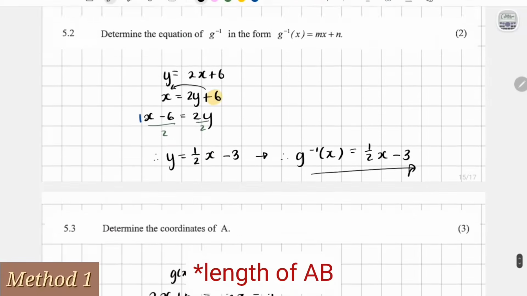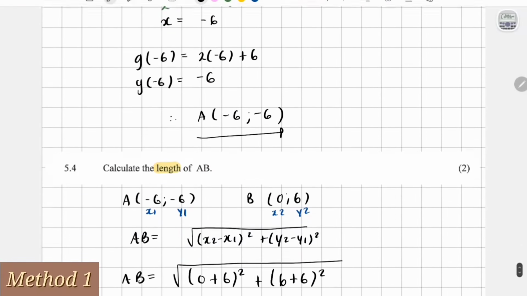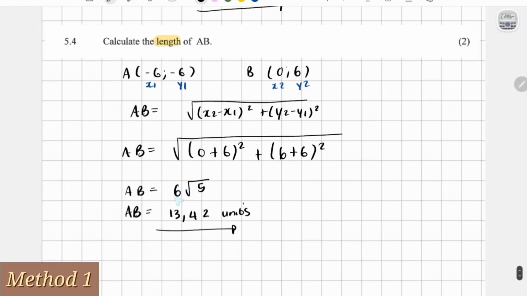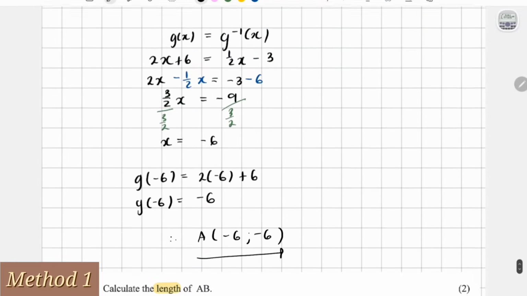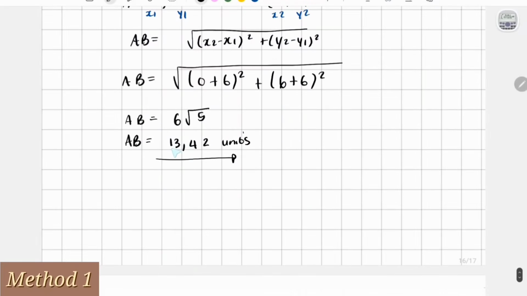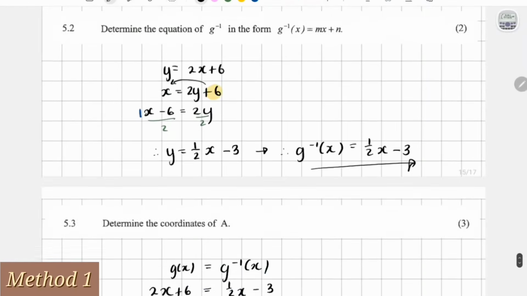So AB, we already said this is 6 square root 5. Okay, so I'm going to use it as this, just so that the answer can be perfect. Even if you used it as this, I don't see a problem because AB was one of the things they actually asked for. Okay, but to be safe, I'll just take 6 square root 5.